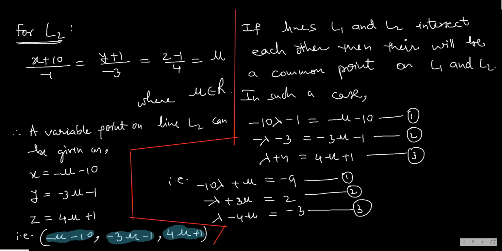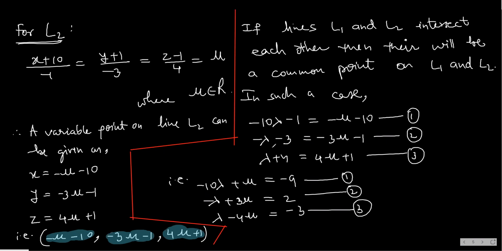If these 3 equations are consistent, that is, there exist some lambda and mu for which these 3 equations are true, then we can say that there exists a common point, and hence that the two lines are intersecting.